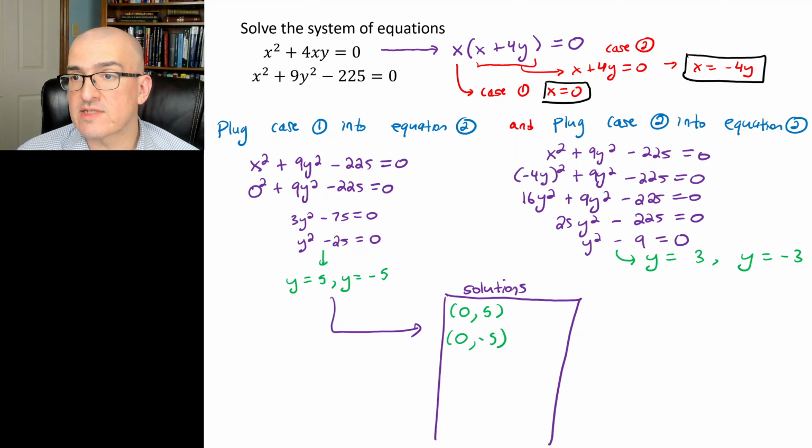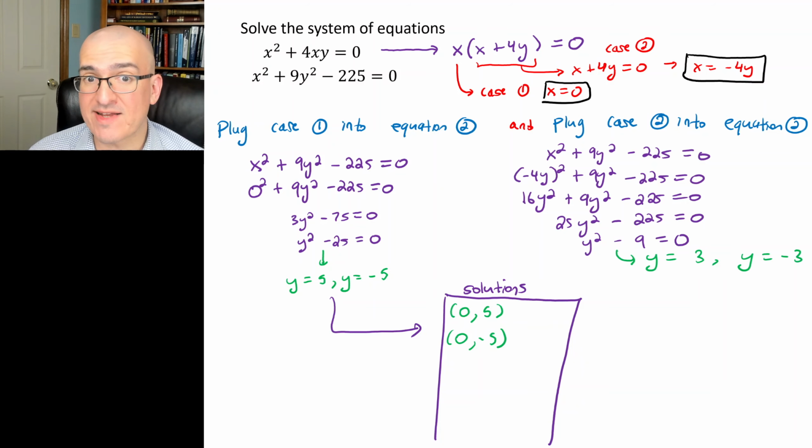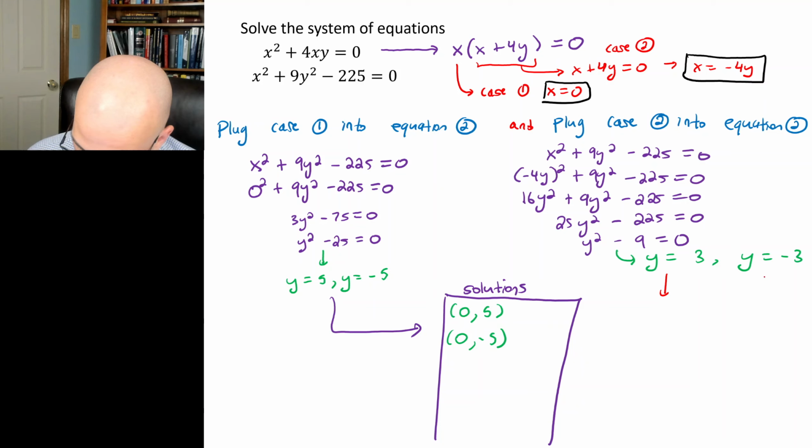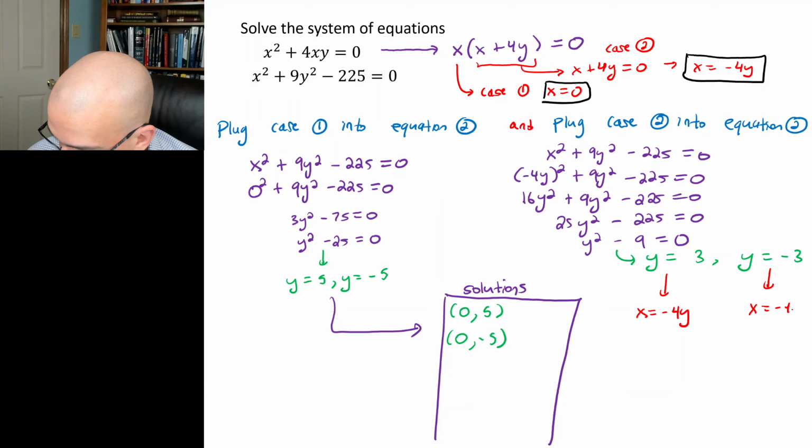All that we know is that x is equal to negative 4y. So we have to go back to that and sub this in. So negative 4 times 3, negative 12 for that one. And negative 4 times negative 3, so positive 12 for that one.